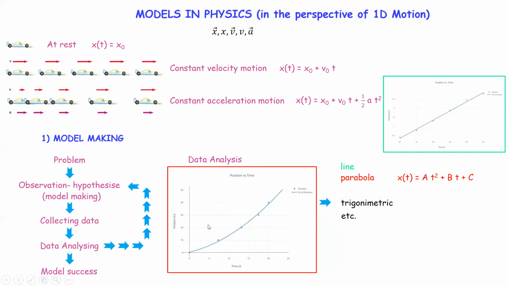Well, it looks like a parabola, but how do you fit the parabola to your data? You have to determine these parameters, but usually computer software does this because it is very efficient at this type of job.